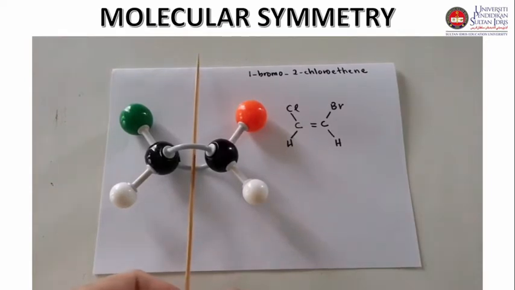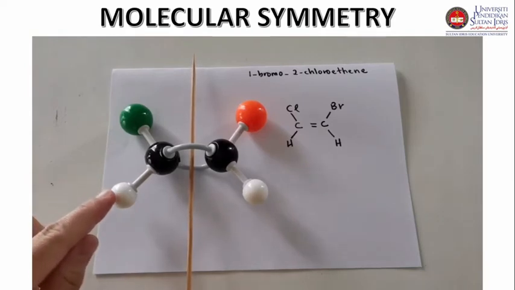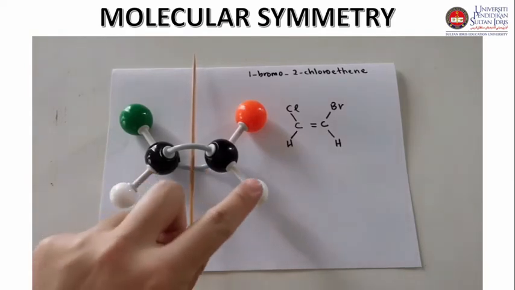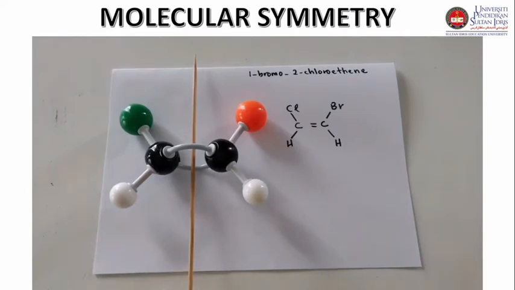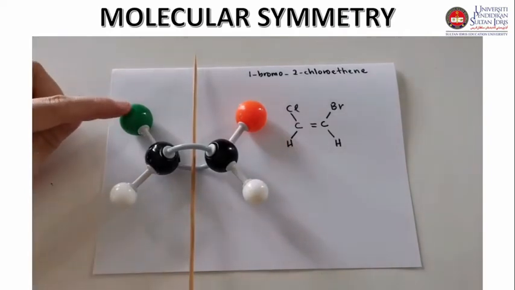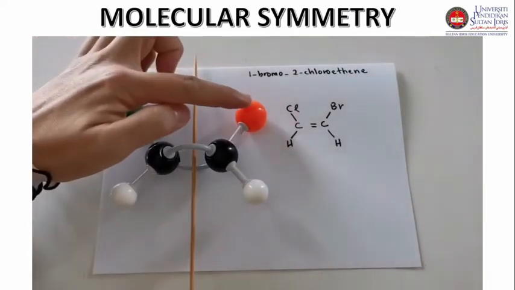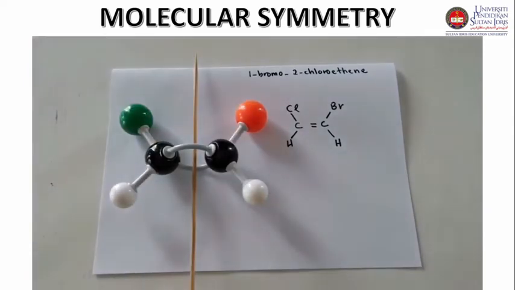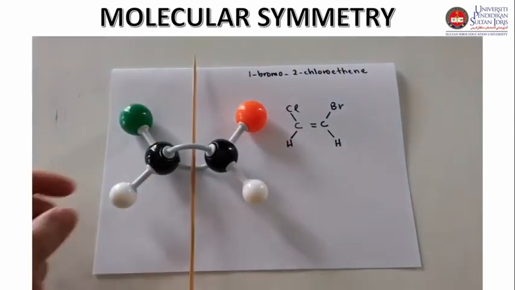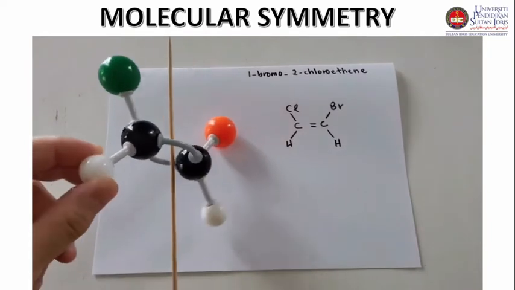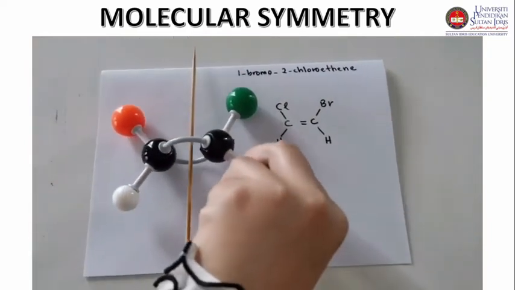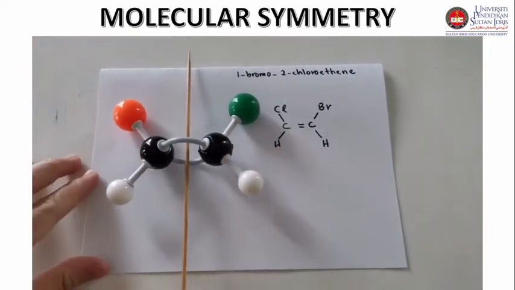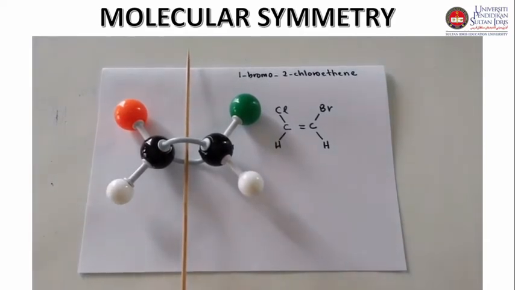After rotation of 180 degrees, this hydrogen atom is replaced by this hydrogen atom, but the chlorine atom takes the place of the bromine atom, and the bromine atom takes the place of the chlorine atom. So we do not get an equivalent configuration, because chlorine and bromine replace each other.